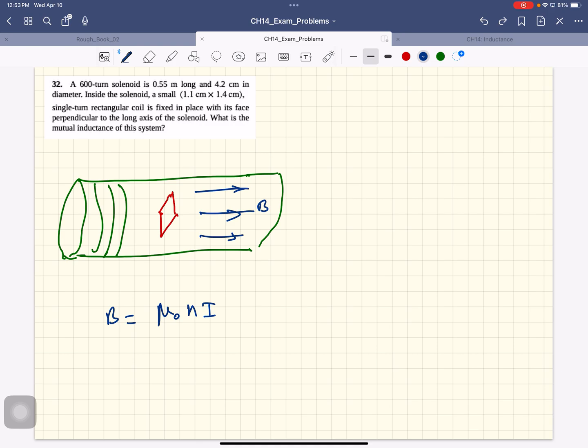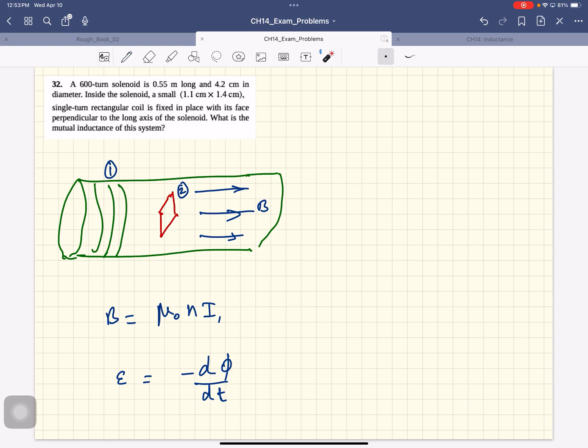And the EMF induced in the coil is given by d phi by dt. This is Faraday's law. Okay. So we'll call this 1 and this 2.